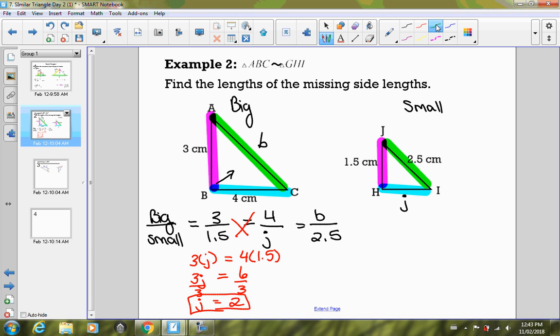Okay, my next step is now I need to solve for side length b. So remember, I like taking my known ratio. Again, if I go here, I'm going to kind of draw it. This would be my green. So I'm going to take 3 times 2.5 is equal to 1.5 times b.